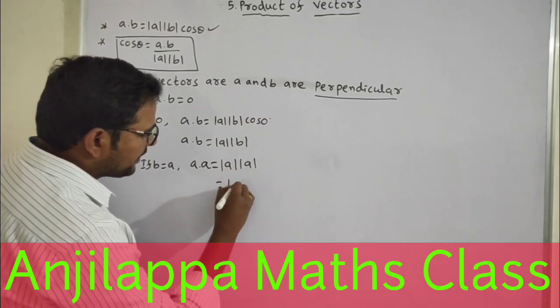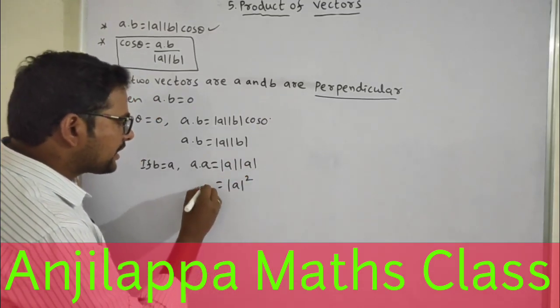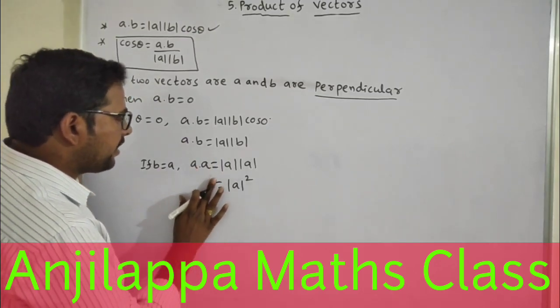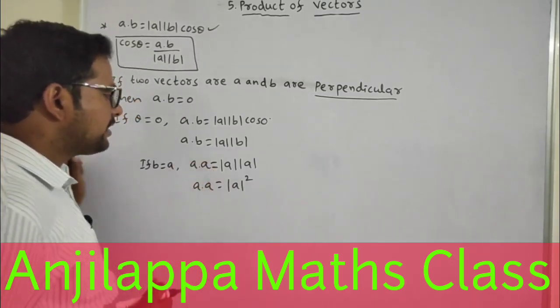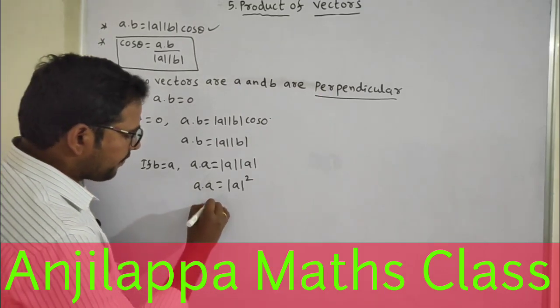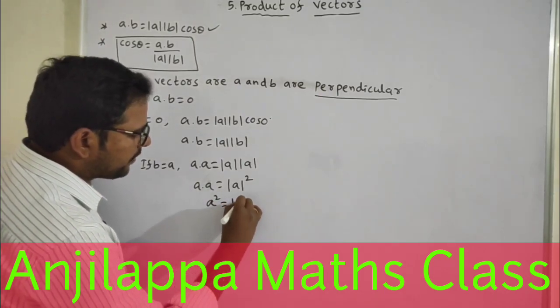So we can write this as mod a square. Here a dot a we can also write as a square, so a square is equal to mod a square.